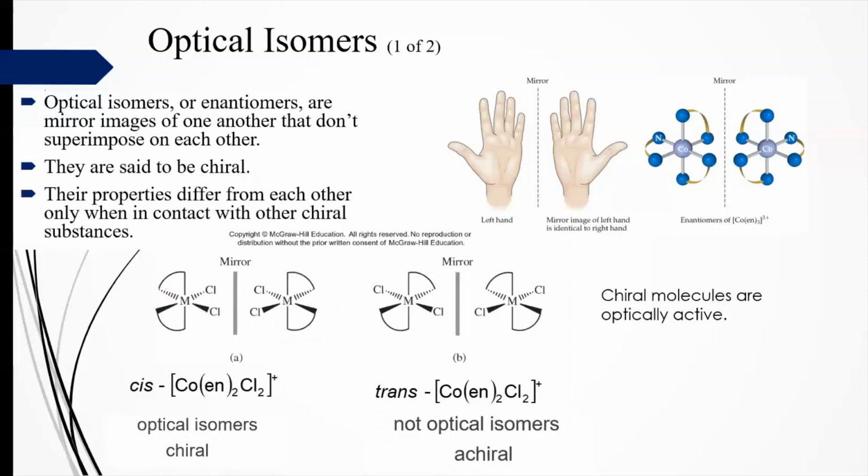Our arrangement looks something like this: we have our metal coming over to the forward side, we have our chlorine going back, we have our chlorine coming forward, and then we would have this metal going back.